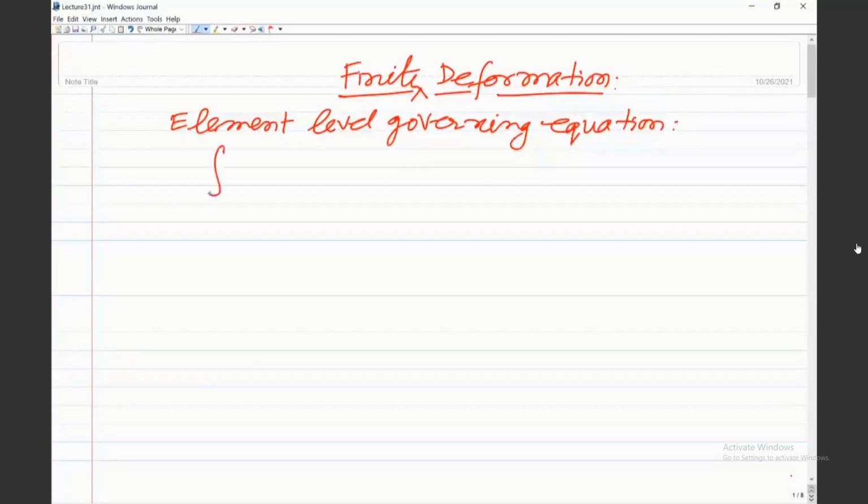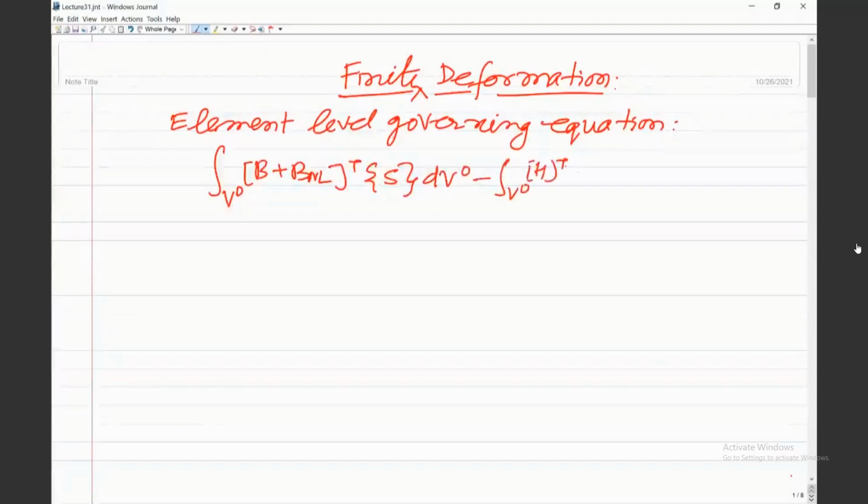The equation was the integration over the reference volume V naught of B plus BNL transpose into S, where S is the second Piola-Kirchhoff stress tensor, dV naught, minus again the integration over the reference volume V naught of H transpose into FB, capital FB in the reference configuration, dV naught, minus the integration over S naught of H transpose into Tn ds is equal to a null vector.